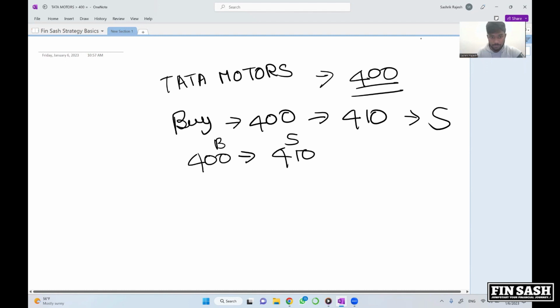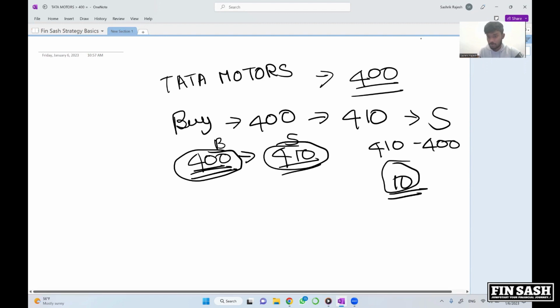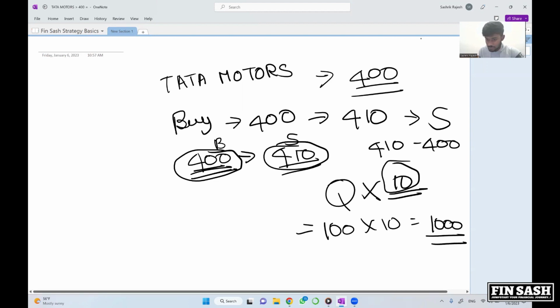What will be my profit? Initially when I bought it was 400, and then when I sold it, it'll be 410, correct? So it'll basically be 410 minus 400, which is 10 rupees. So my 10 rupees is my profit multiplied by the quantities I got. So if, for example, I got 100 quantities, my profit would be 1,000 rupees, right? This is simple to understand, right?